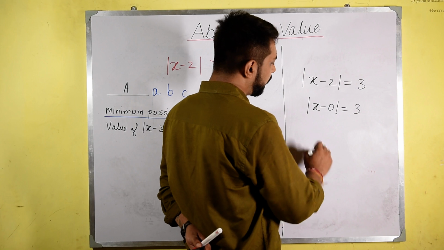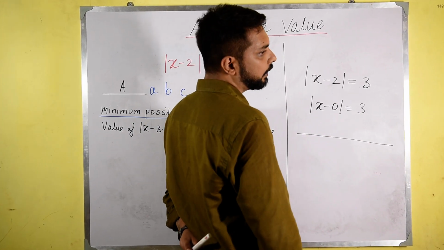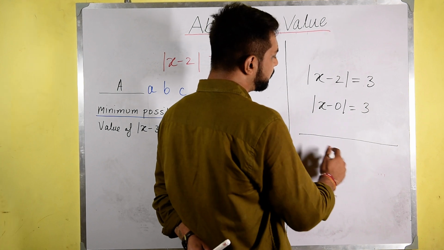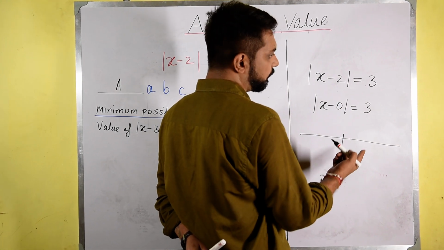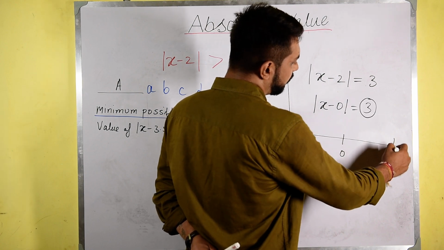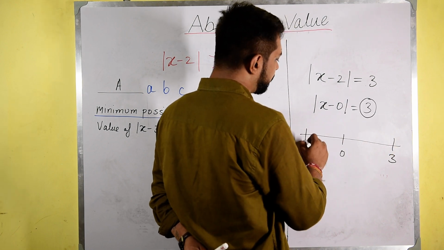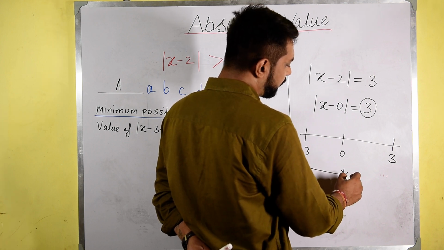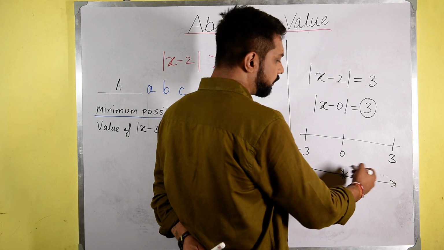I told you mod is nothing but the distance from some reference point. So this represents all the values of x which are at a distance of 3 from the origin. It represents 3 and minus 3, because the distance of minus 3 from the origin is also 3, and the distance of 3 from the origin is also 3 units.